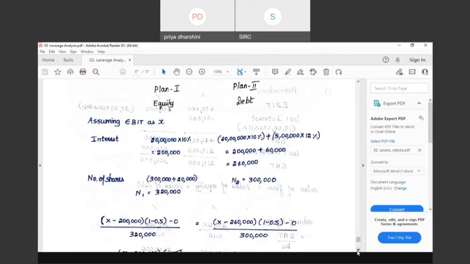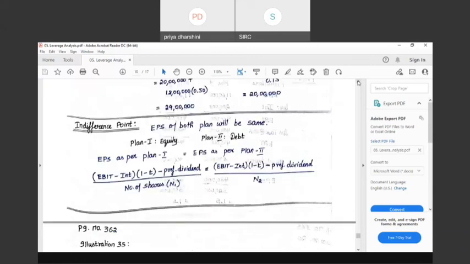How do you present an income statement? It will be EBIT minus interest into 1 minus tax, which will give you earnings after tax. Correct? EBIT minus interest, the entire value, will give you the earnings before tax. Into 1 minus tax will give you earnings after tax. Minus preference dividend will give you the earnings available to equity shareholders.